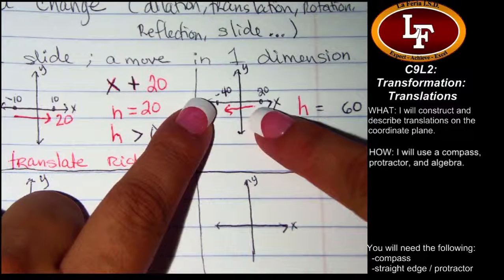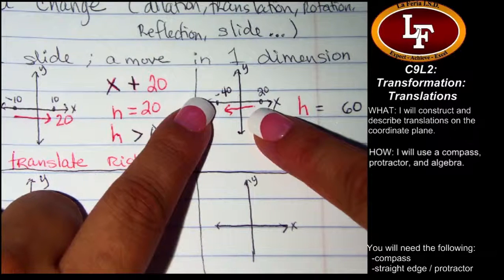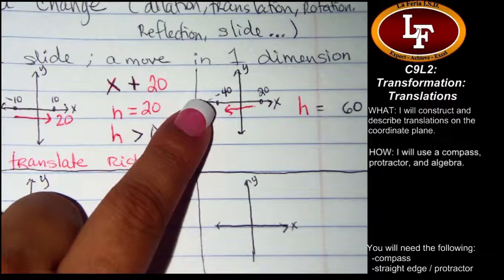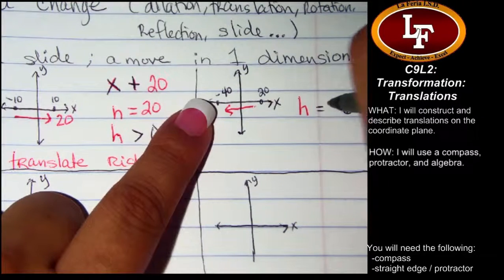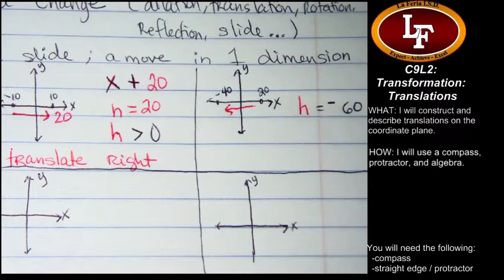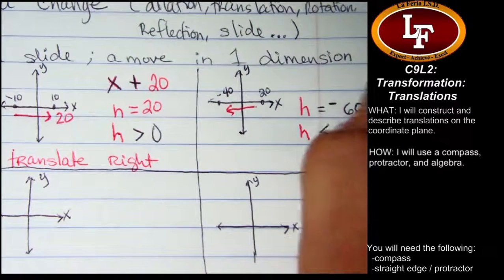And in order to get from the number 20 to the number negative 40, we have to subtract 60. And so the negative number that we add to it implies that sense of direction, this left or rightness. Which means that h is less than 0.